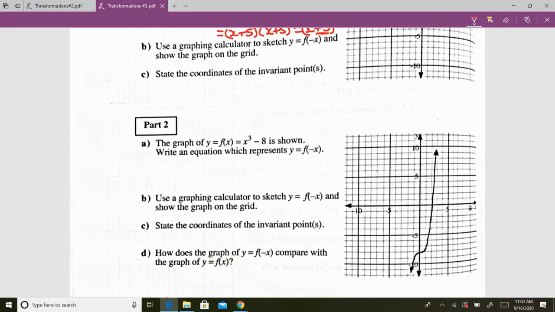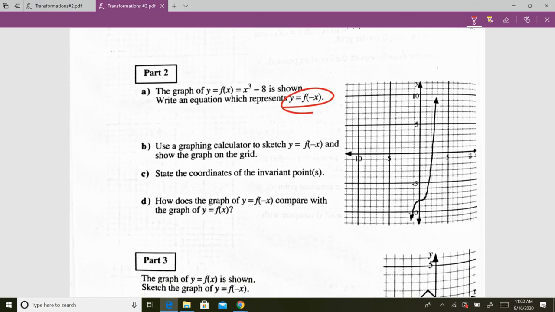So, if I do f of negative x on this graph, what's the graph going to do? Values become negative. So if we are at positive 2, where does that value go to? Negative 2. So that point will flip to there.